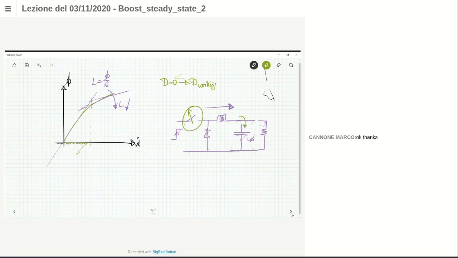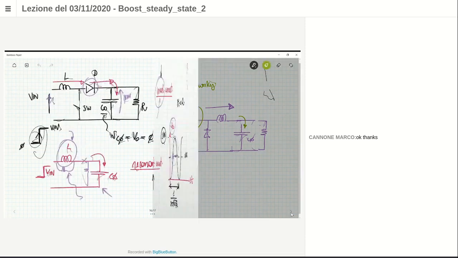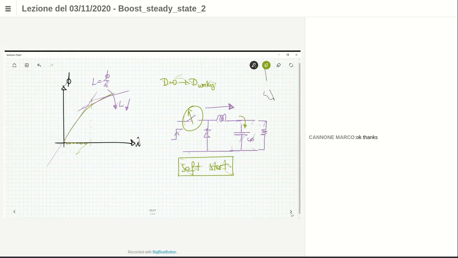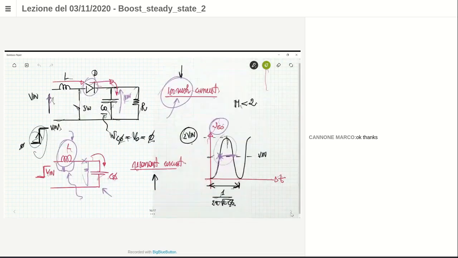Then you can enlarge this time interval, and so you manage the power flow, the amount of charge you are providing to the capacitor, without increasing the current too much. This kind of operation is called soft start. Soft start in a buck converter is typically employed at turn on by increasing slowly, time instant by time instant, the duty cycle from 0 to the working duty cycle in order to manage the inrush current.